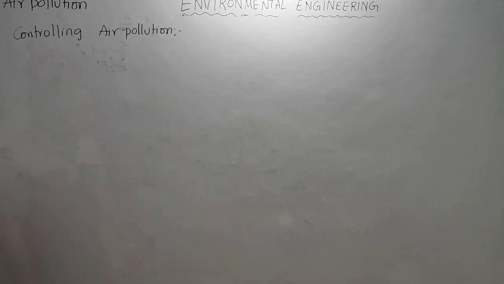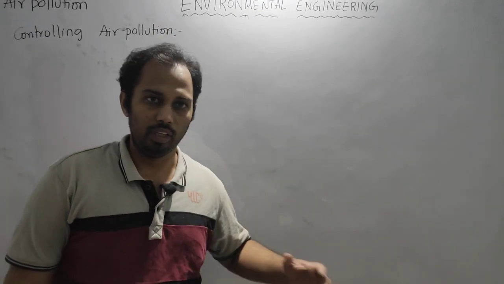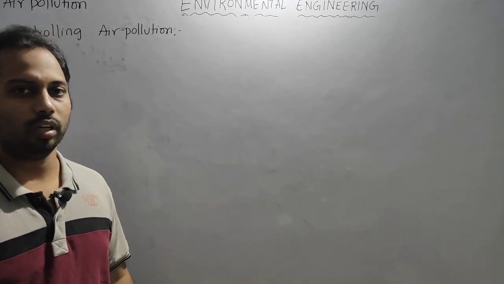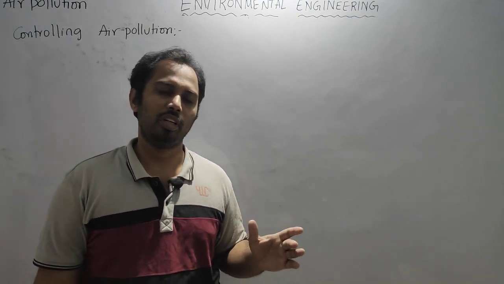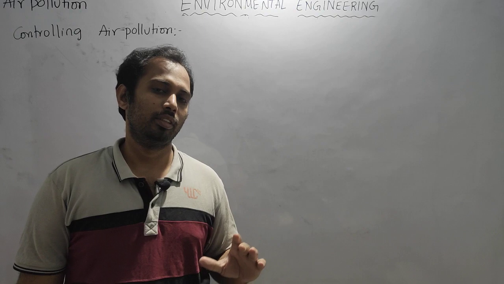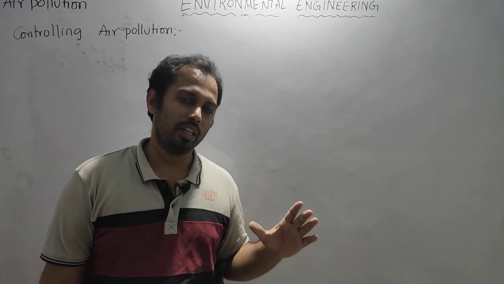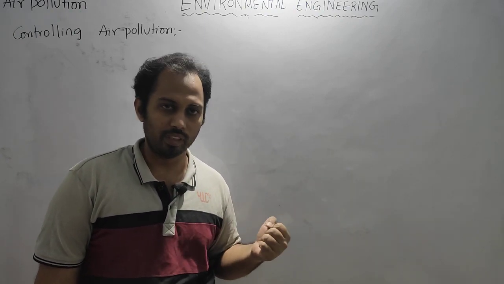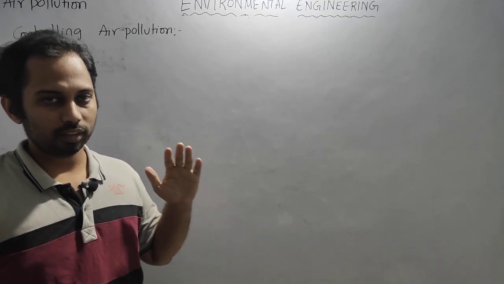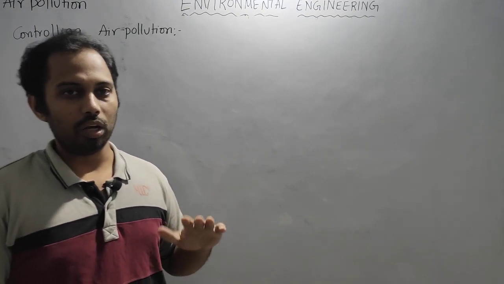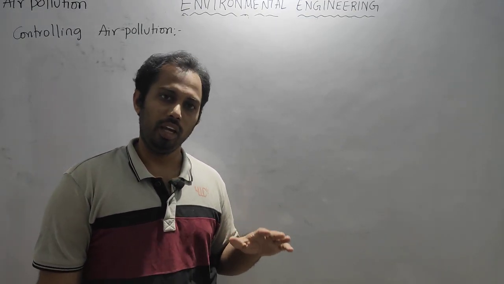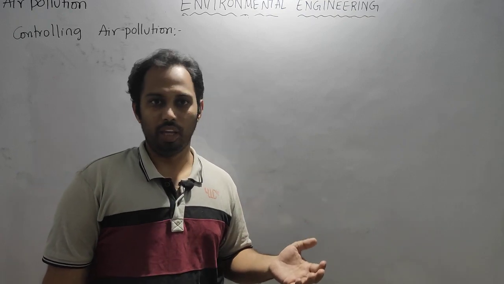I have already told you many times during the discussion of air pollution, simply dispersion of an air pollutant is not considered as the pollutant being removed from the system. The pollutant is still there. So we cannot remove the pollutant from the air once it has entered into the air.